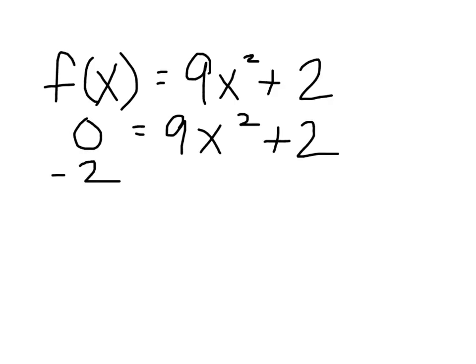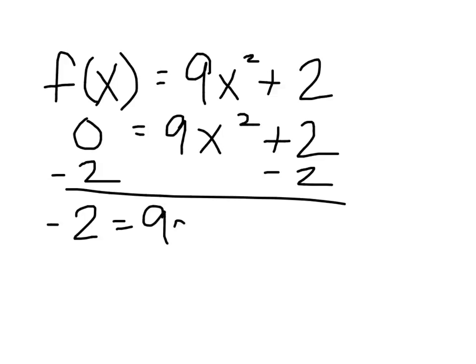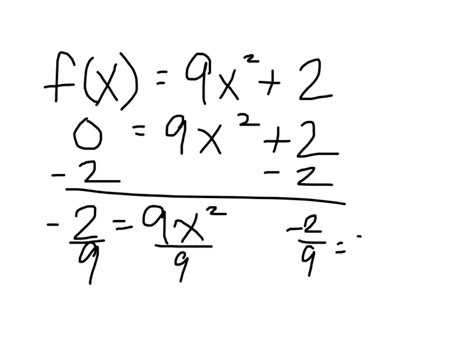Subtract 2 first. Good. So I end up with negative 2 equals 9x squared. Divide by 9. Now I would have negative 2/9 equals x squared. Now what would I do? Square root it.